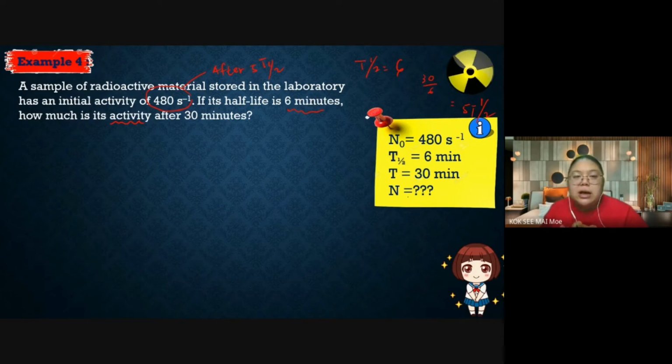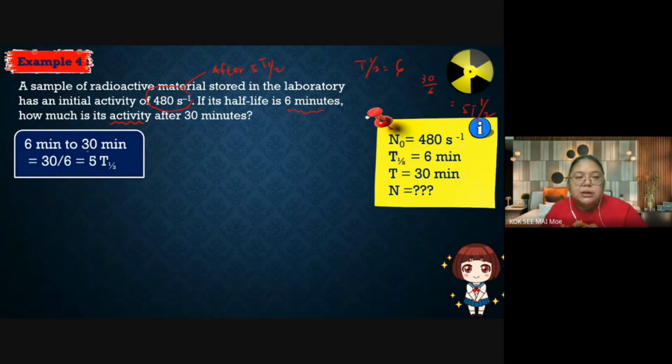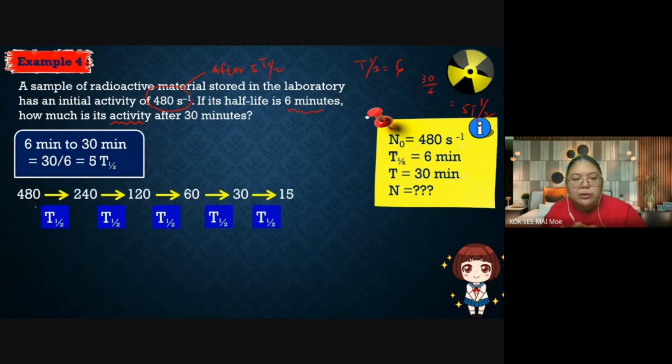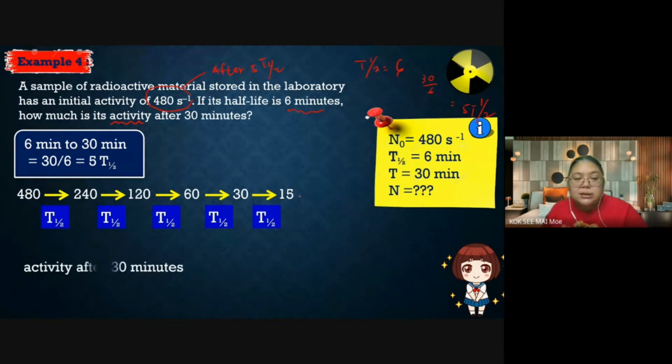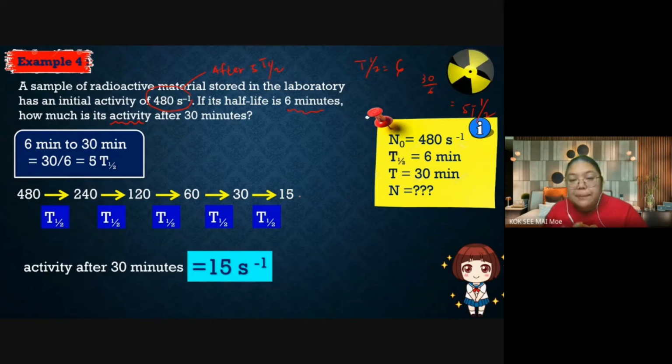They ask finally how much activity is left. We show 6 minutes to 30 minutes, so you got 5 half-lives. You show one by one: 480, 240, and so on. Finally, after 5 half-lives, I left how many? 15. So my answer is the activity after 30 minutes is 15 per second.